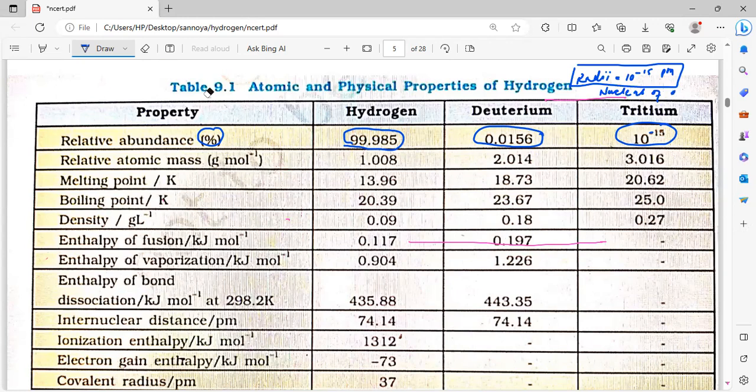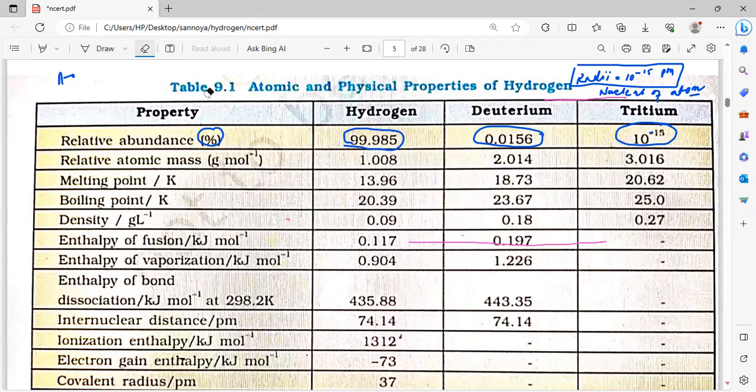Nucleus of atom. Nucleus of atom is how much? 10 power minus 15 picometer. The radii of the nucleus is 10 power minus 15. And if you talk about the atom, what is the size of the atom? 10 power minus 10 picometer. So they are very, very small.